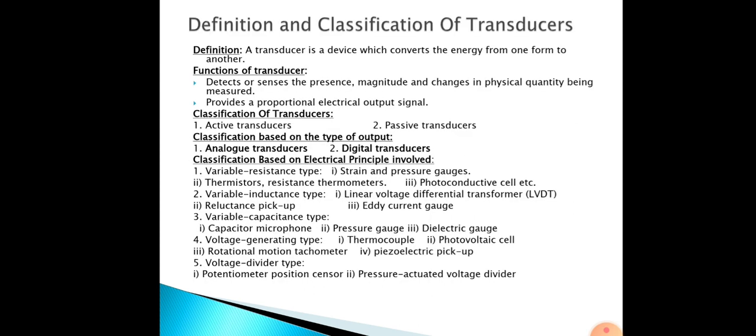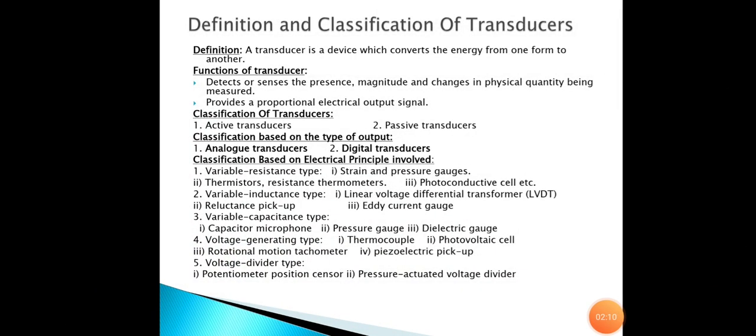Then next we will be seeing the definition. A transducer is a device which converts energy from one form to another. Most transducers either convert electrical energy into mechanical energy or a non-electrical physical quantity into an electrical signal.